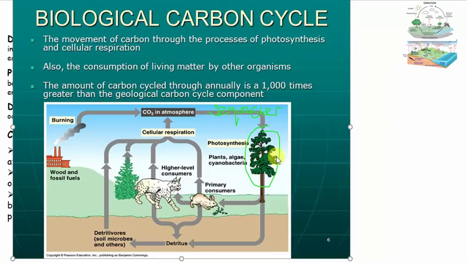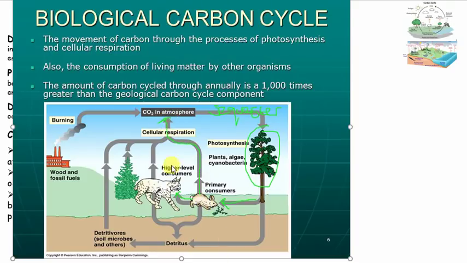From there, it can be passed along the food chain to your primary consumers. So along comes a caterpillar or a rabbit, eats the grass and eats the trees. They then transfer that carbon from the tree into their bodies, and then it's passed up the food chain. Along comes a fox and eats the rabbit. Oh dear, it's not very nice, is it?